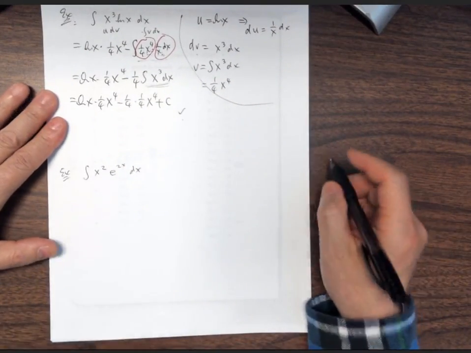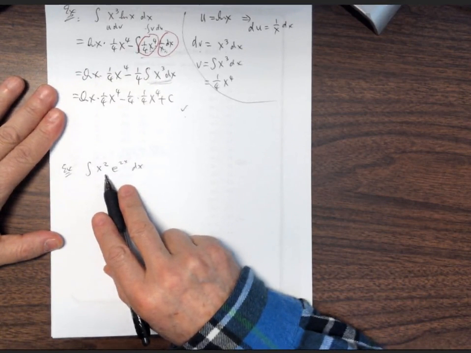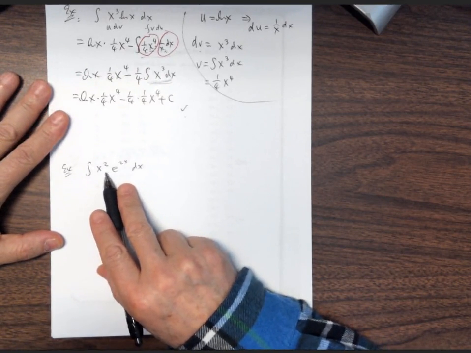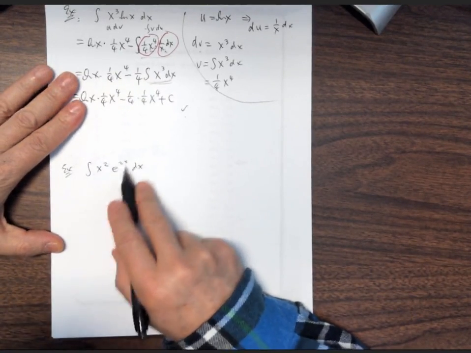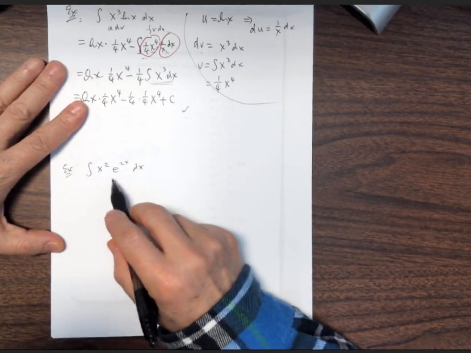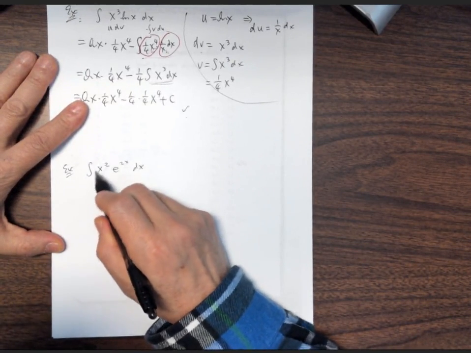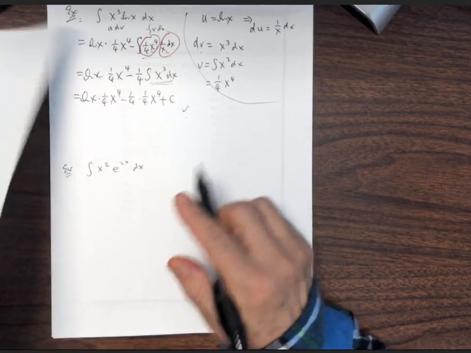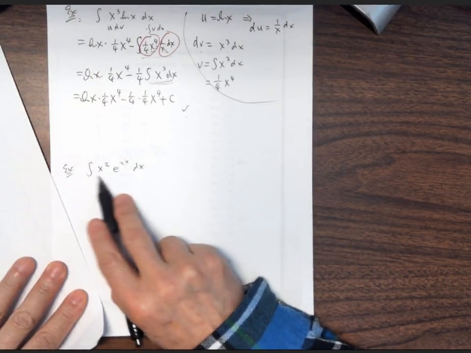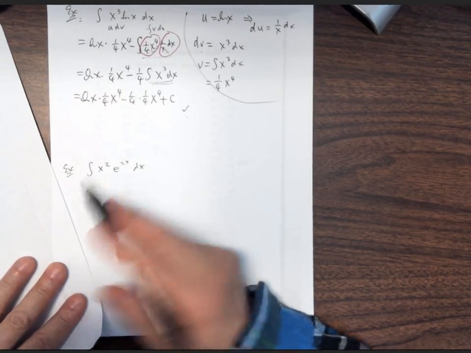Let's see another example. So here again is a very typical integration by parts problem. We have a power of x and an exponential. So let's go by the list. Notice there are no really bad guys like a log or an inverse trig, those ugly things.